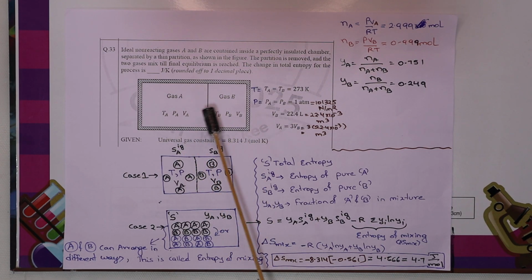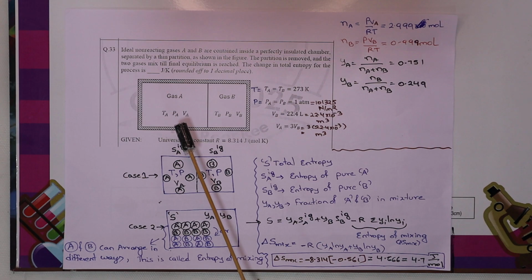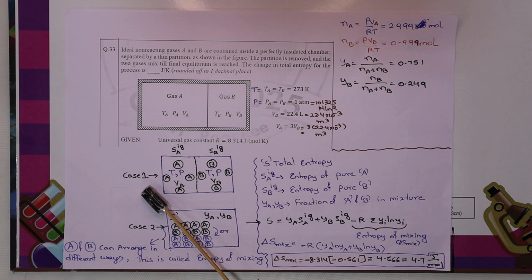If both gases are going to mix, what is the total change in entropy for the process? That means you are supposed to evaluate the entropy of mixing. Okay. Let us find the information. So, case 1 has, for example, one side with A molecules and the other side with B molecules.